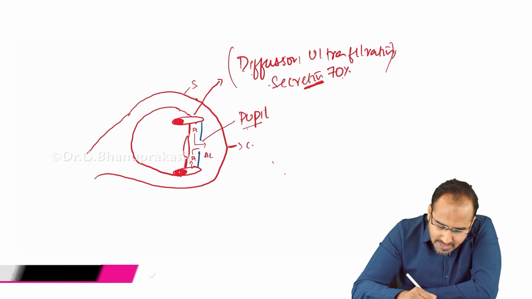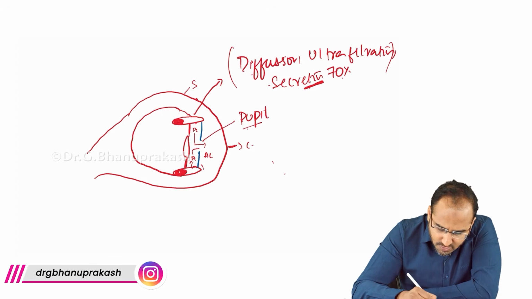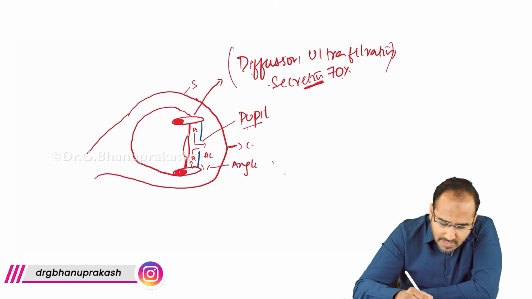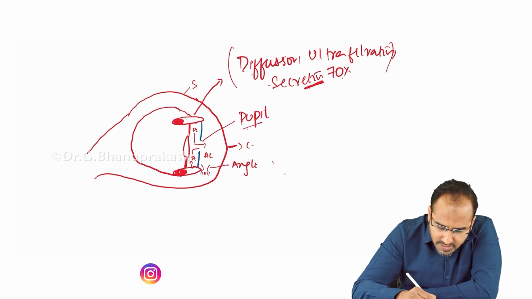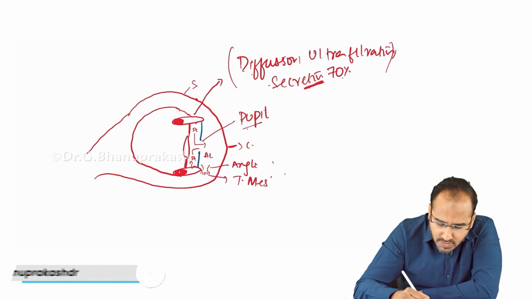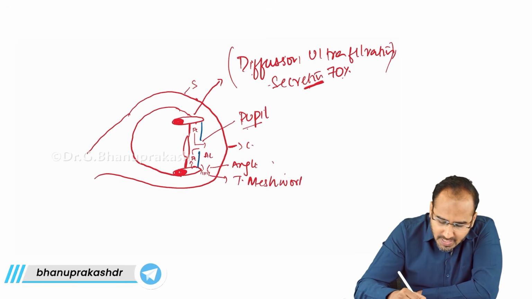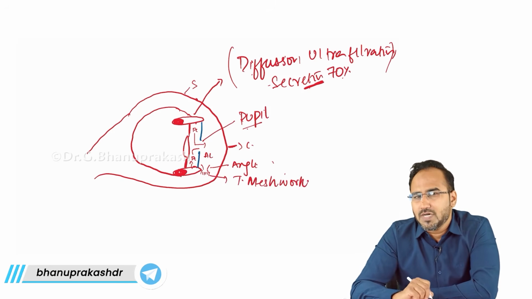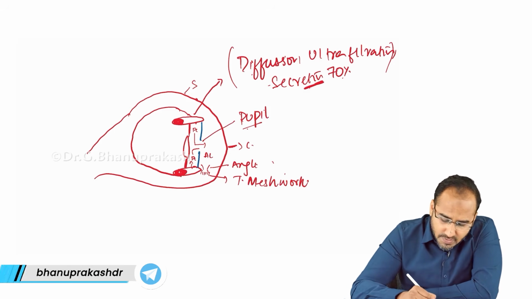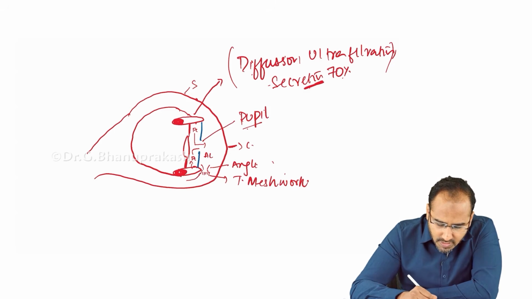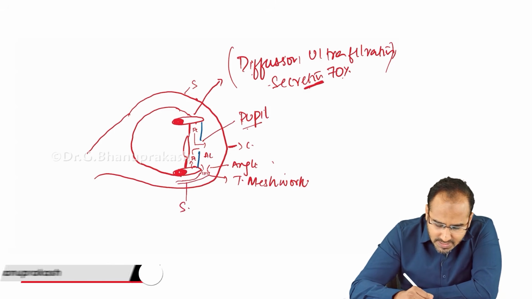From the anterior chamber, it goes into a small structure called the angle. From the angle, it goes to mesh-like structures called the trabecular meshwork, right? This is basically the filtering thing over here. From the trabecular meshwork, it goes into a canal called Schlemm's canal.